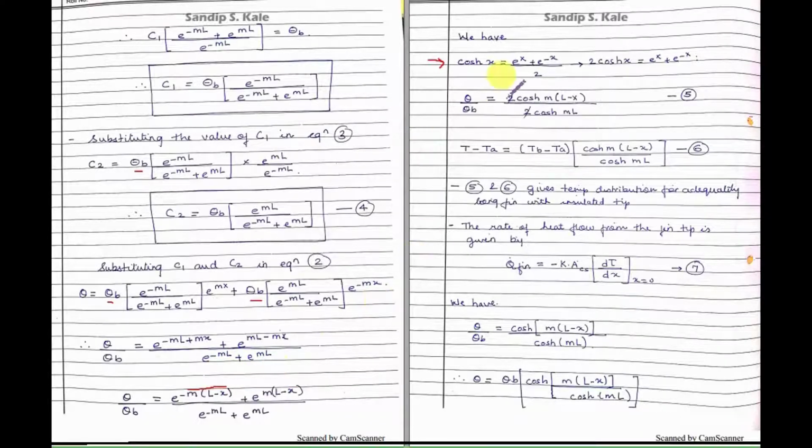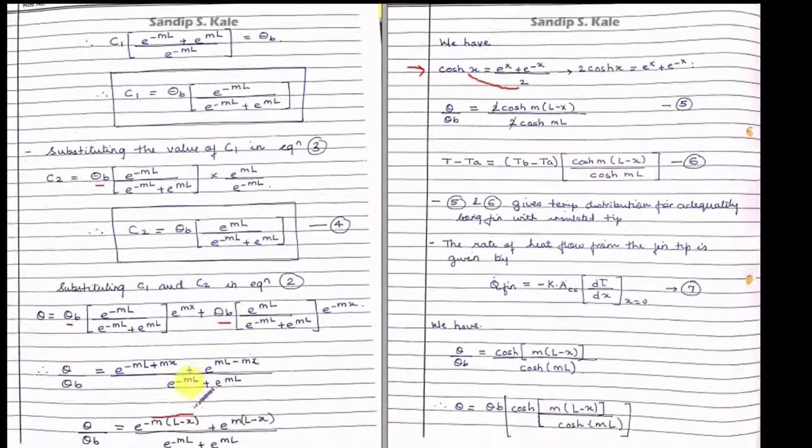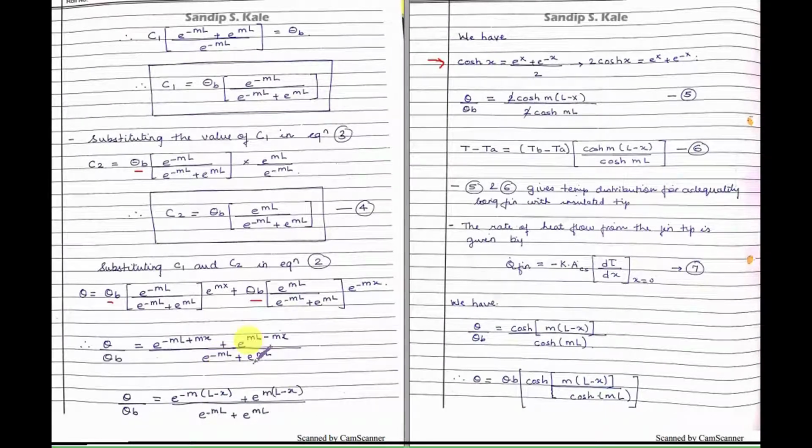So if this is the case, then we can substitute it by cos hyperbolic x. So I will take this 2 to this side. So what I am left with is this equation. So I will substitute this equation by 2 cos hyperbolic.